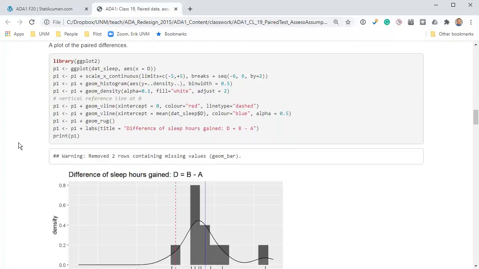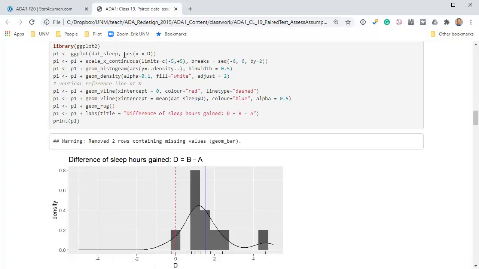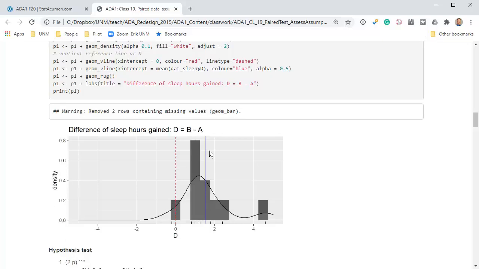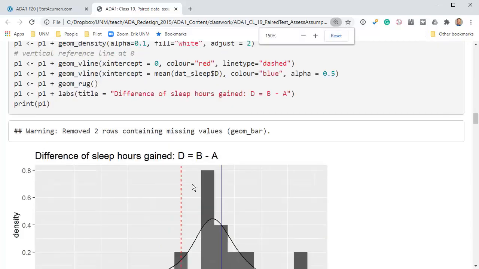The main data that we're actually interested in, though, are the differences. So if we plot a histogram of the differences, x equals d, here's that plot.